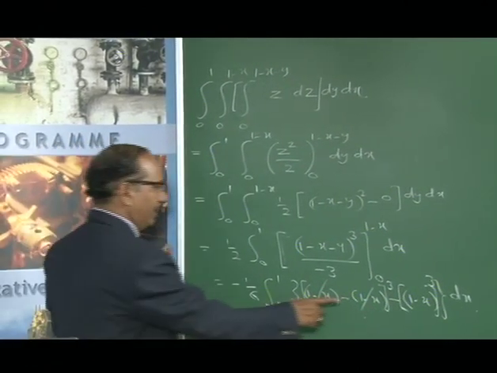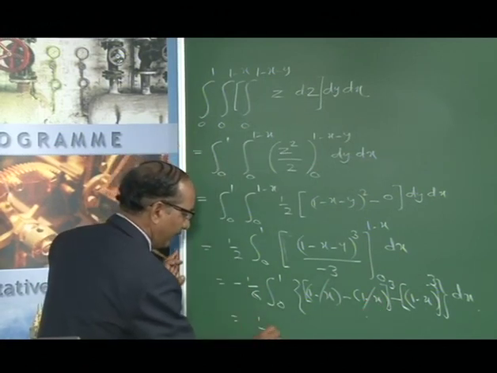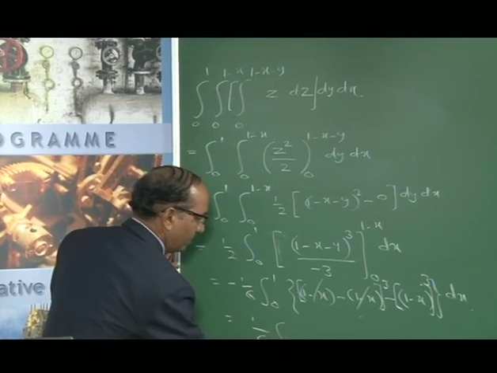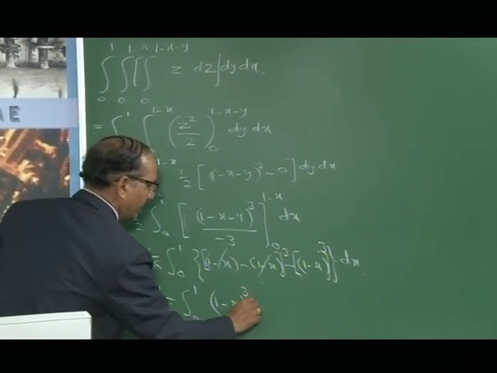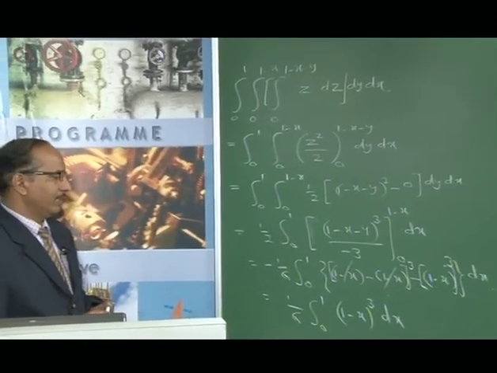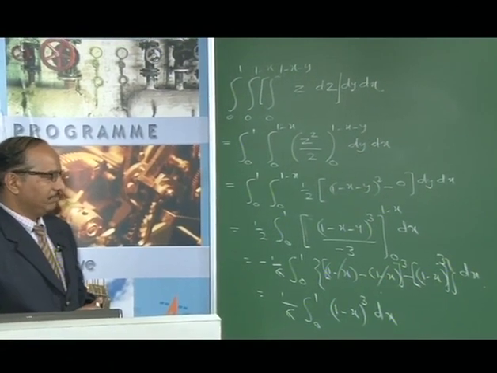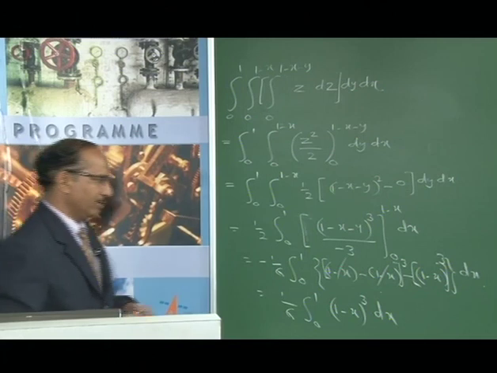So, inside the bracket these two cancel. Now, minus minus plus, one can write 1 by 6, 0 to 1, it is 1 minus x raised to 3 dx. So, after the integration with respect to y, it becomes 1 upon 6, 0 to 1, 1 minus x raised to 3. Now, we do the integration with respect to x.